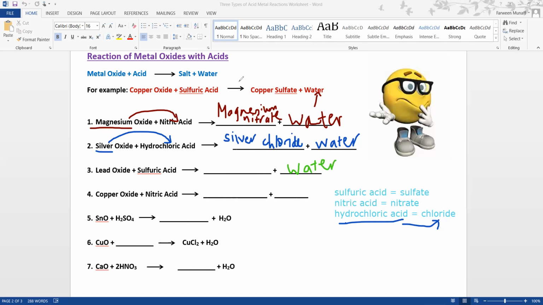Yeah, lead sulfate. Excellent. Good work. So lead sulfate is going to be the name of the metal salt that forms, okay? Because we've got lead here combining with sulfuric acid. We said that sulfuric acid produces the salt known as sulfate, okay? So all we write here is lead sulfate.